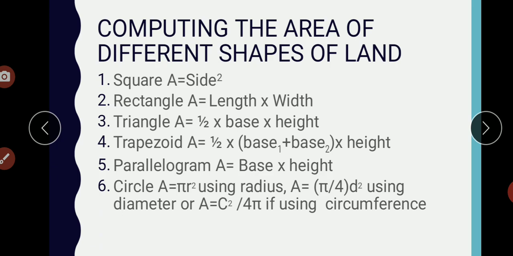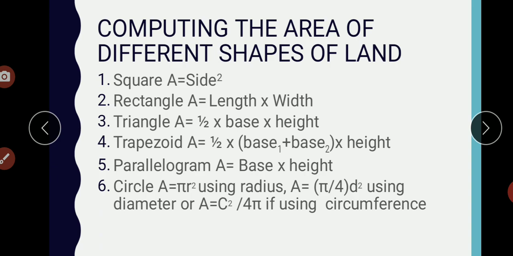Triangle: 1 half times base times height, or 0.5 times base times height. Trapezoid: 1 half times base 1 plus base 2 times height. So you add first base 1 and base 2, then multiply by height and by 1 half. Parallelogram or rhombus: just multiply the base and height.